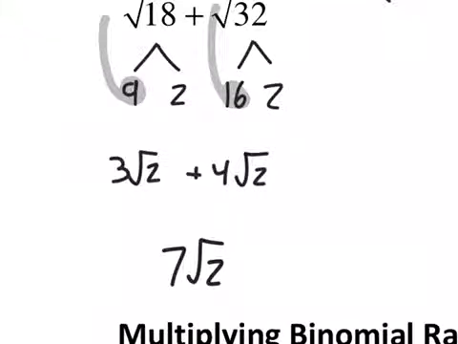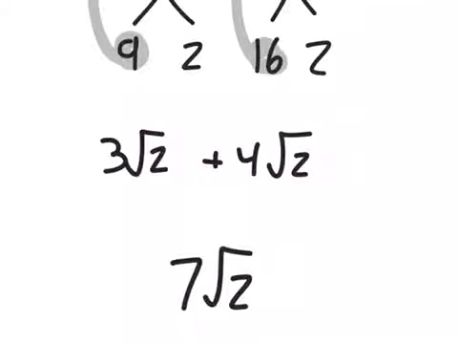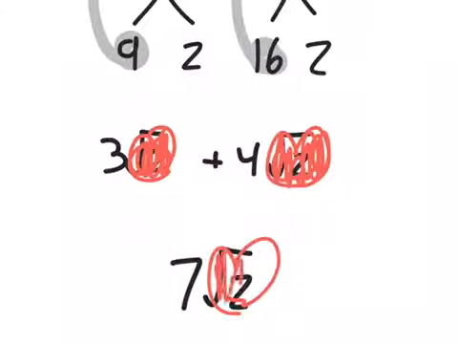And if this is confusing you, think of this. I'm going to draw a picture here to help you out, because sometimes people get confused on why these don't go together in any way, shape, or form. This is just regular old like terms. So if we think of this as 3 apples added with 4 more apples, and apples is the same for both because it's the same radicand, you'd have 7 apples.